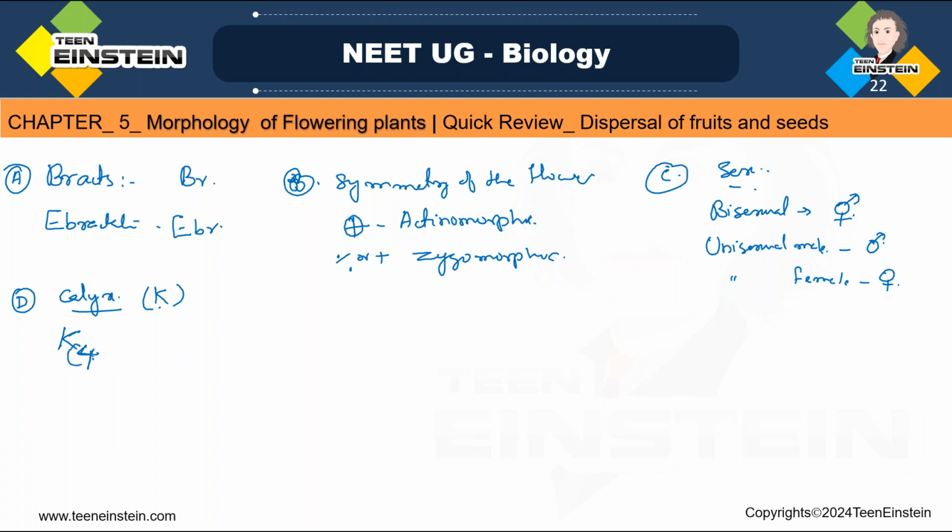And if I'm giving it in a bracket, it means 4 sepals are there and the sepals are united, or it is in a gamosepalous condition, the sepals are fused. 4 sepals but they are fused, that's why I'm giving it in a bracket.